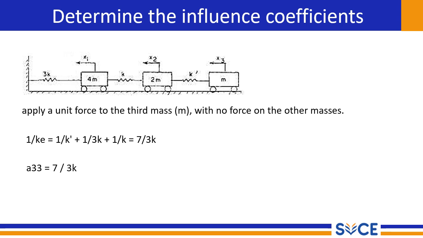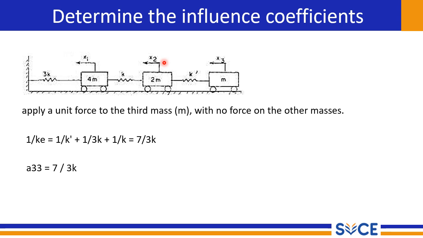Now let's consider the displacement of the third mass. The mass m has the same displacement as in A22, which means the deflection of the third mass due to a unit force on the second mass is also 4 over 3k, as we just saw.